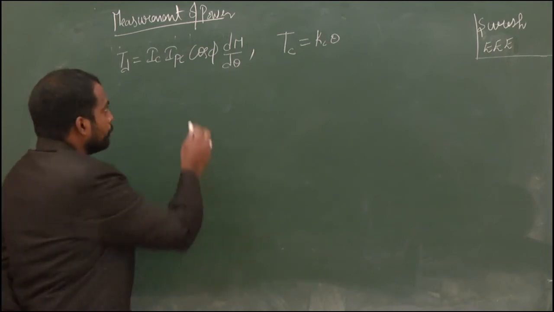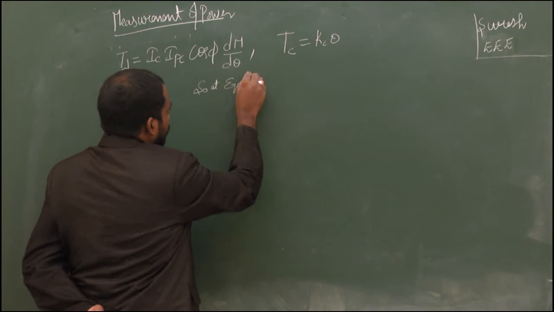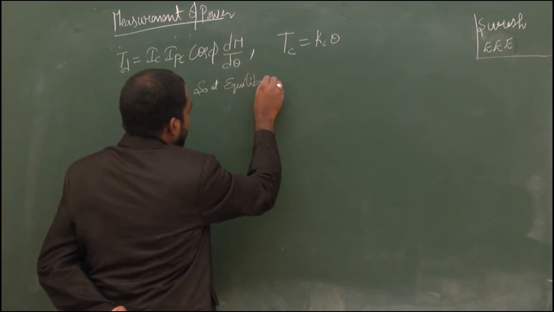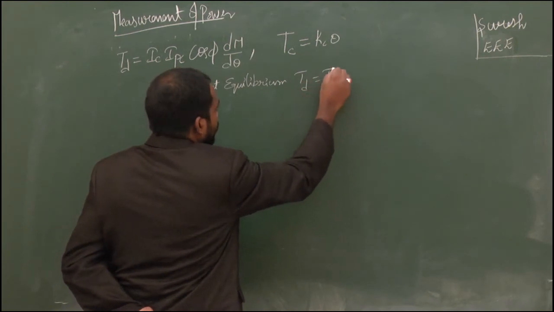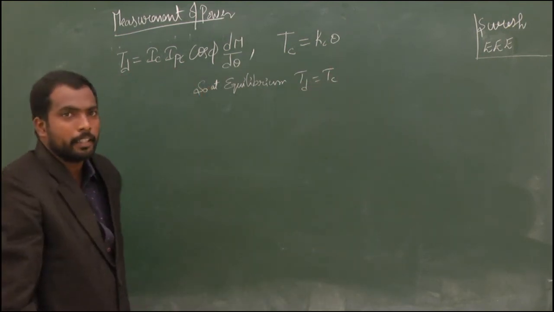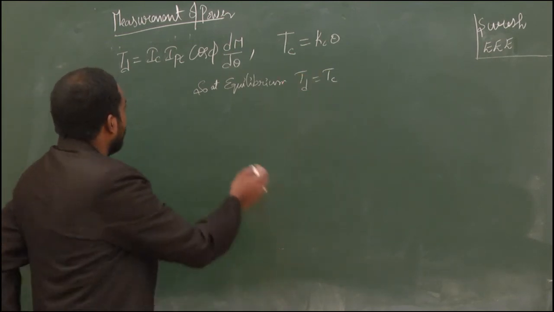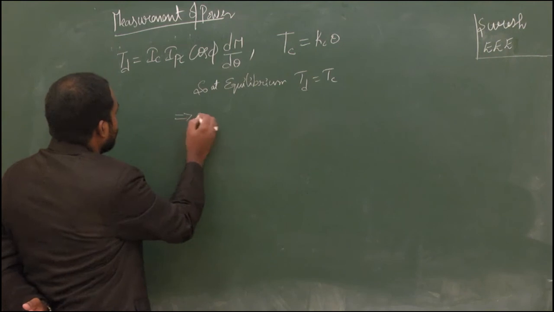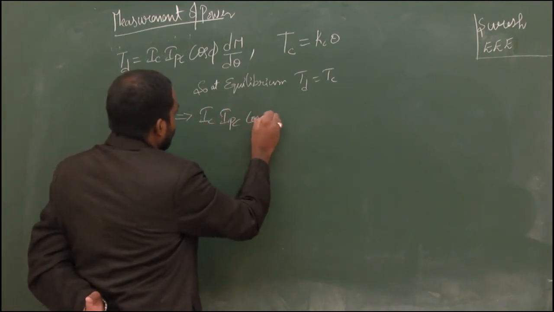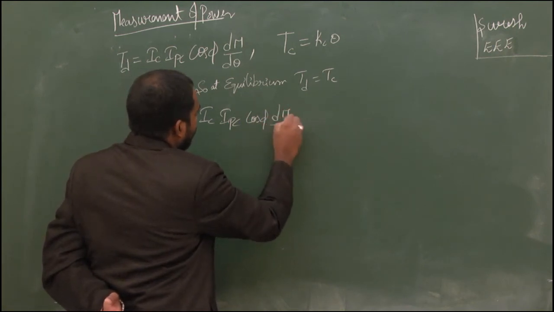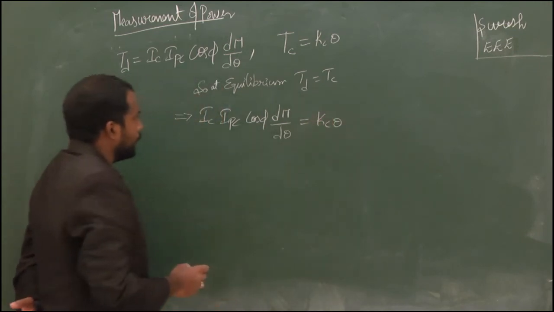So at equilibrium, the deflecting torque Td will be equal to the controlling torque Tc. Now you will find the relation between them. So IC IPC cos phi dM by d theta is equal to Kc into theta.